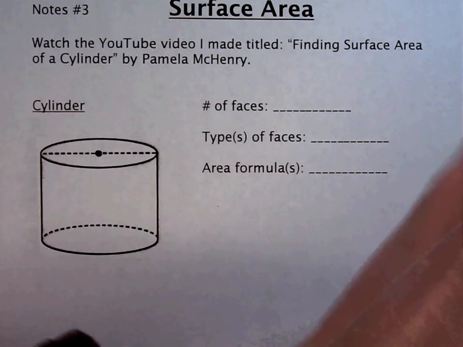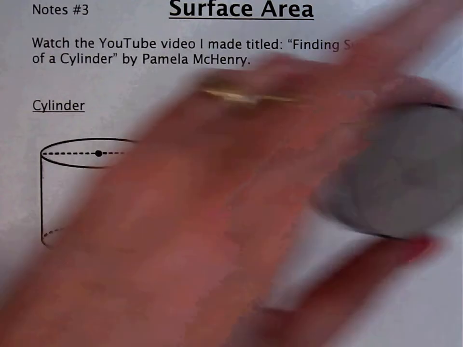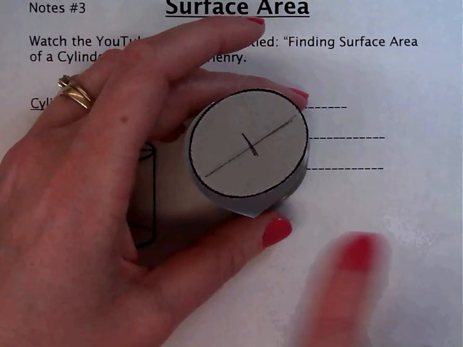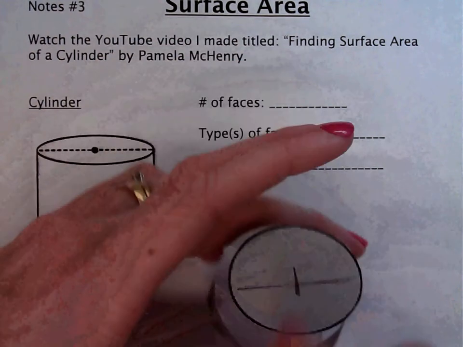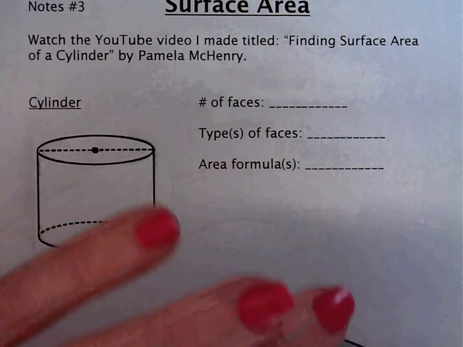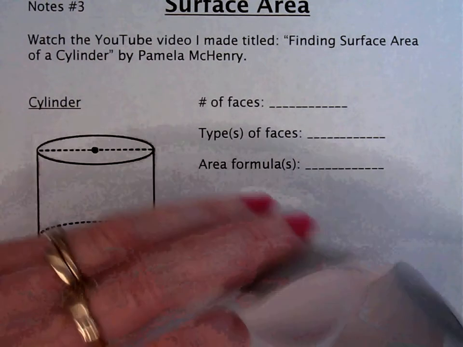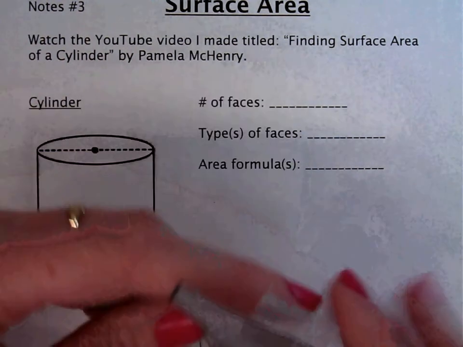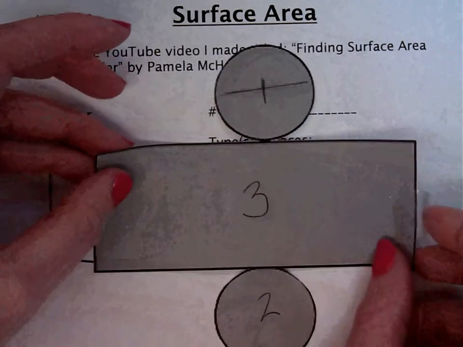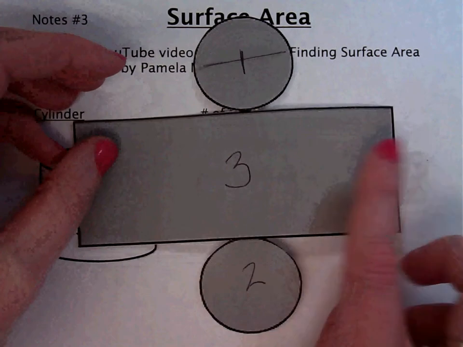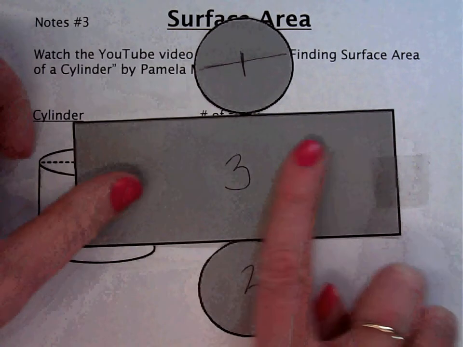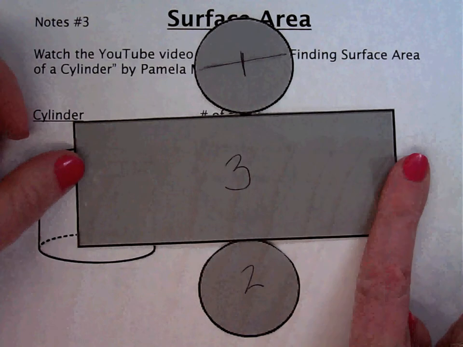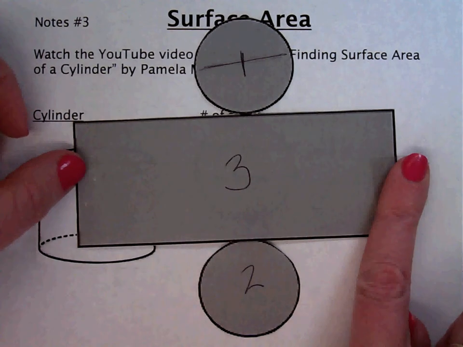Now, I have a paper cylinder here that might help you see this a little bit better. My paper cylinder has the top and the bottom that are circular, but when I open it up like this, you can see that it has these three surfaces, the top and the bottom that are circles, but look what shape this outer edge opens up to.